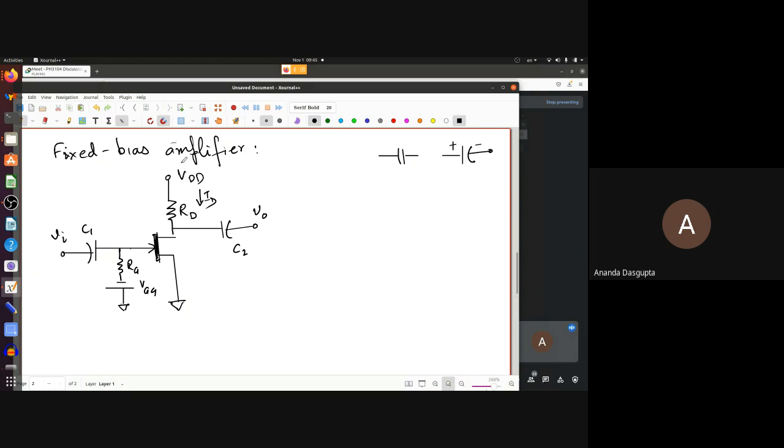But now that you are dealing with the AC, what you have to do is, first of all, if you assume that the AC is high enough frequency, which we will do for simplicity, you can replace the capacitors C1 and C2 by shorts.